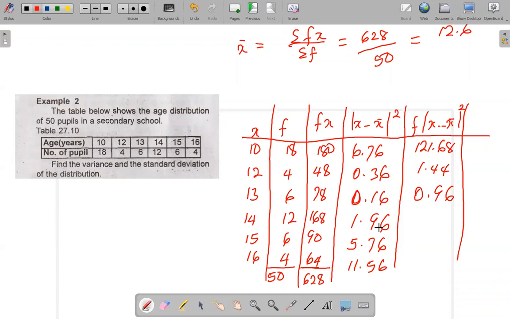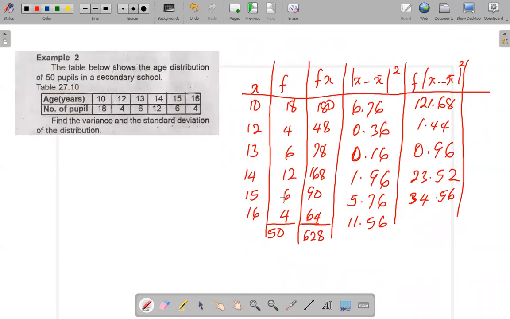And then 12 multiplied by 1.96 is 23.52. And 6 multiplied by 5.76 is 34.56. And finally, 4 multiplied by 11.56 is 46.24.